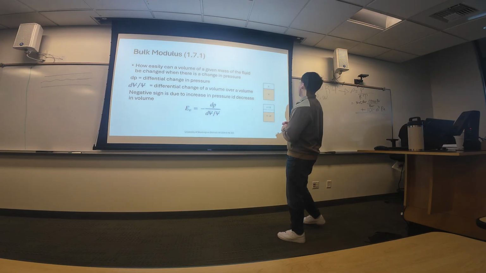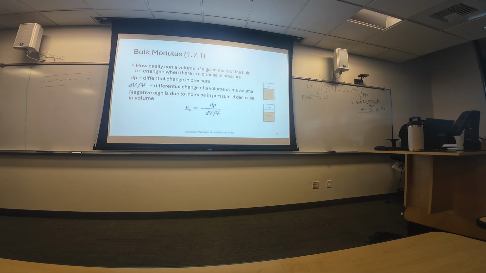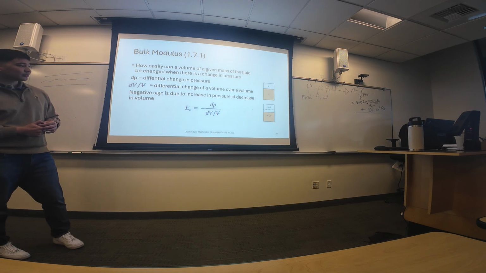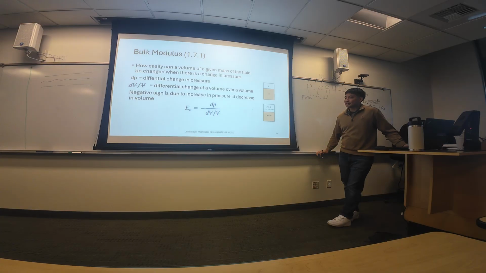Typo, sorry, bulk modulus typo. Okay. Increases in pressure, it decreases in volume. And like I said, I don't think you have problems on this, but I just wanted to share that with you, that's there.